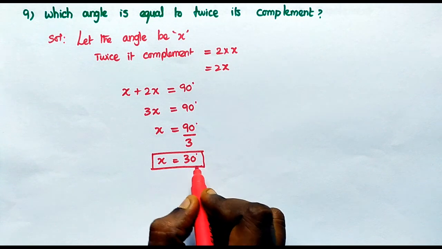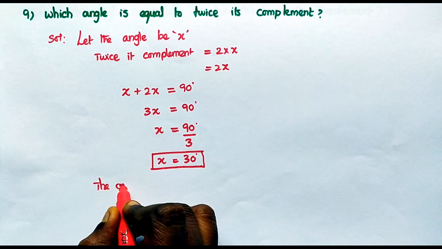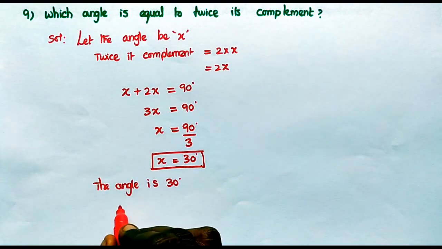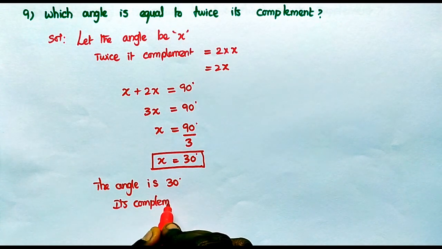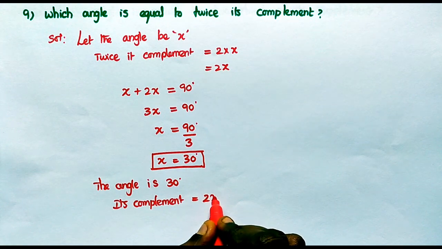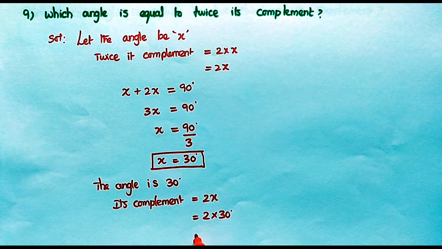So the angle is 30 degree. Its complement is 2x, that is 2 into 30, 60 degree. That is the answer.